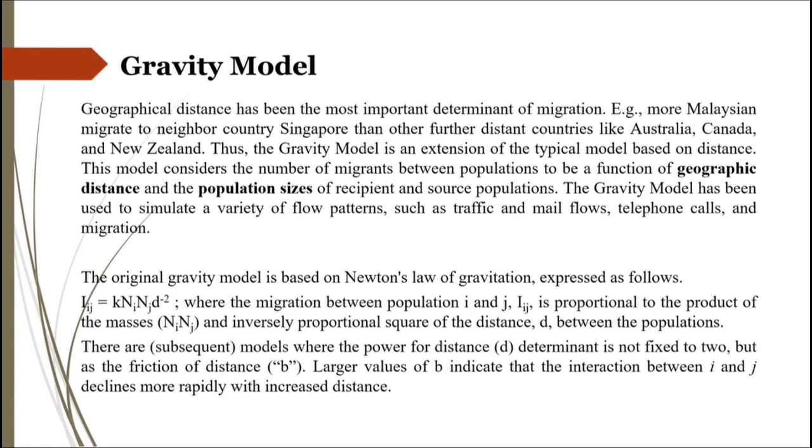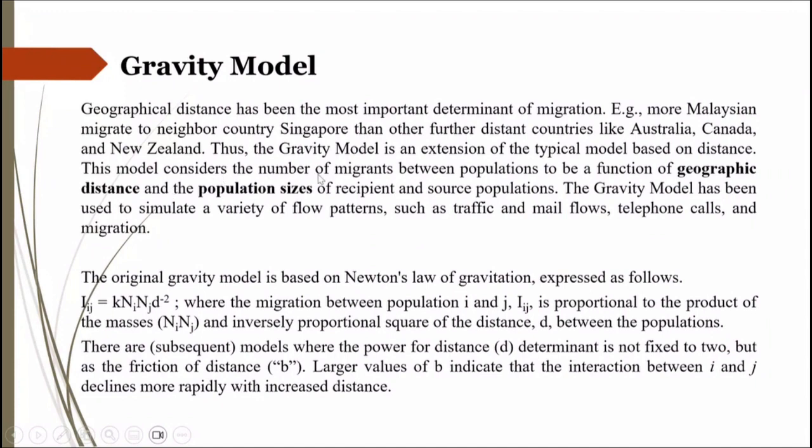Or you stay in Perak, Ipoh, the tendency for you to migrate to Penang and KL is more than to migrate to maybe England, right? So you see, for example, more Malaysians migrate to neighboring country Singapore rather than a further distance like Australia, Canada, and New Zealand.